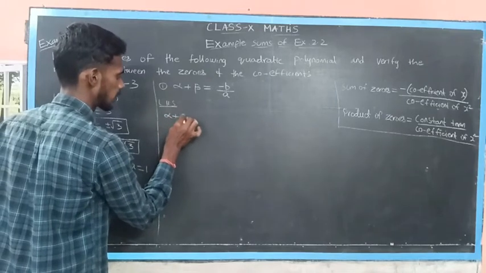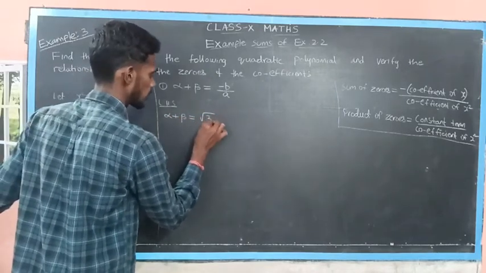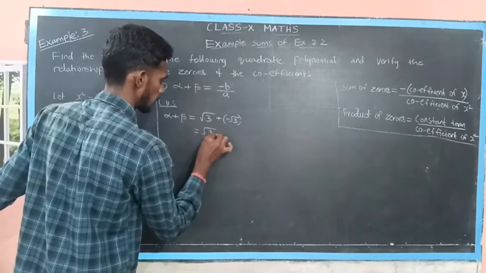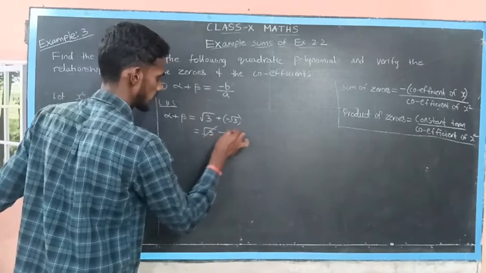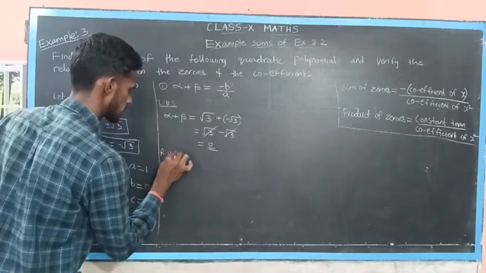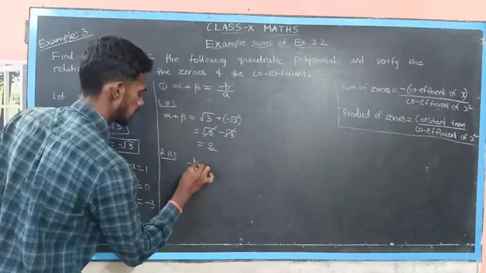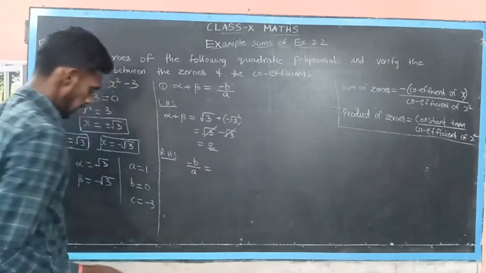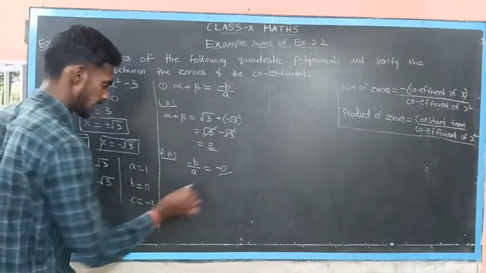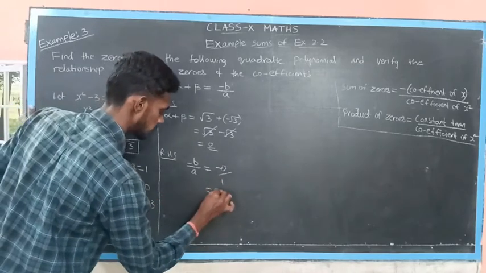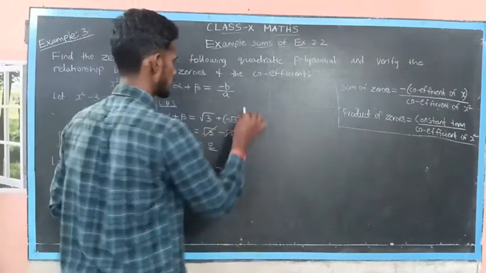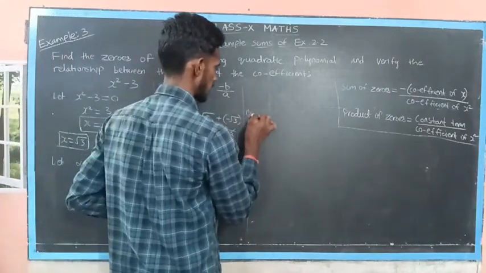Root 3 minus root 3 will cancel and becomes 0. Then considering the RHS, it is minus b by a. So, b value here is 0. So, minus 0 divided by a 1, 0 by anything will become 0. Thus, LHS and RHS are same. First condition is verified.